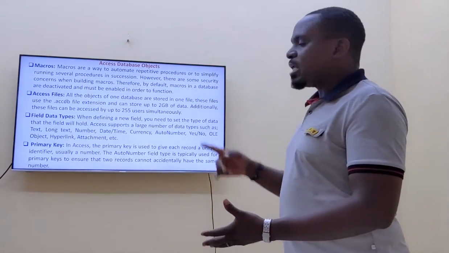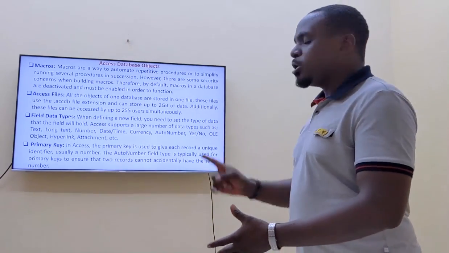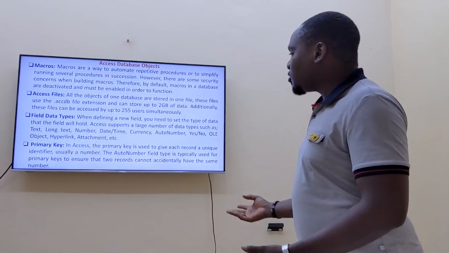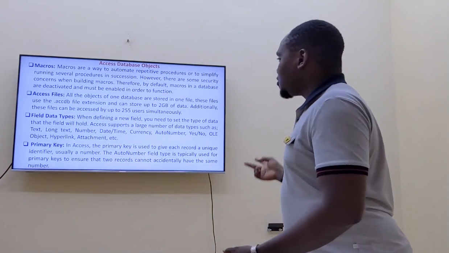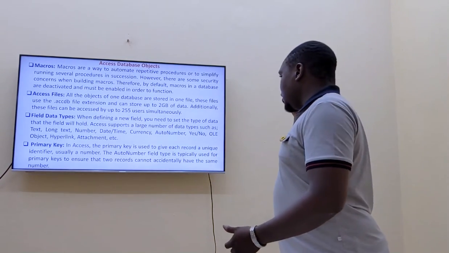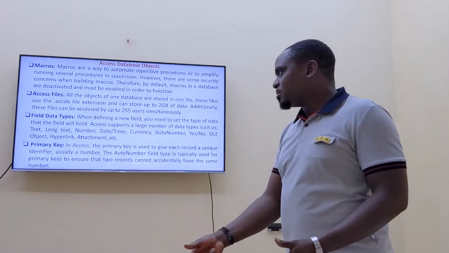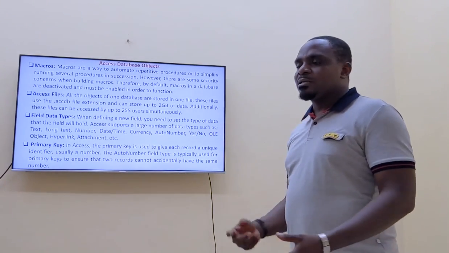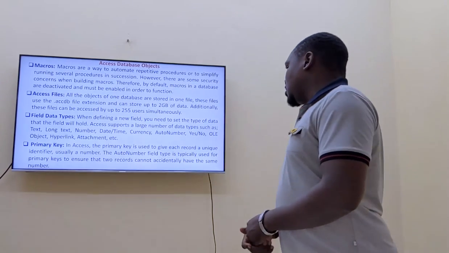We have text, long text, numbers, date and time, currency, automatic numbering, yes or no, which we call a Boolean, OLE objects, hyperlinks, and attachments where you can attach documents.